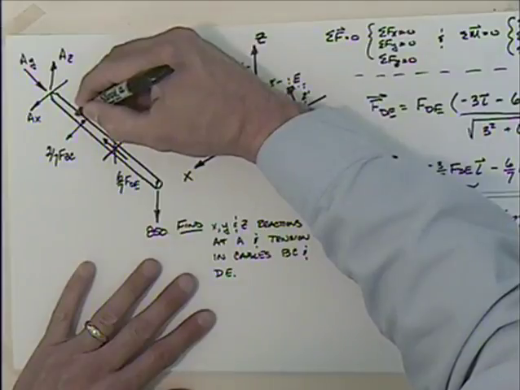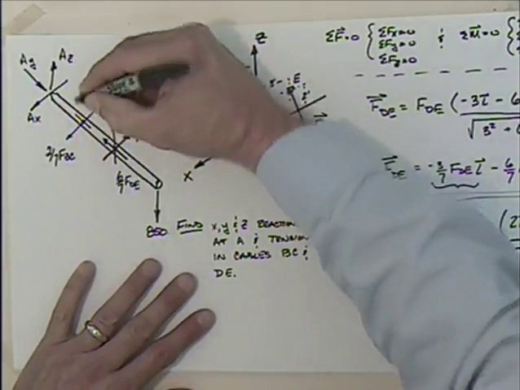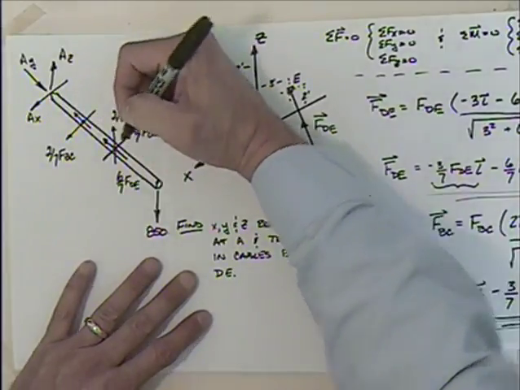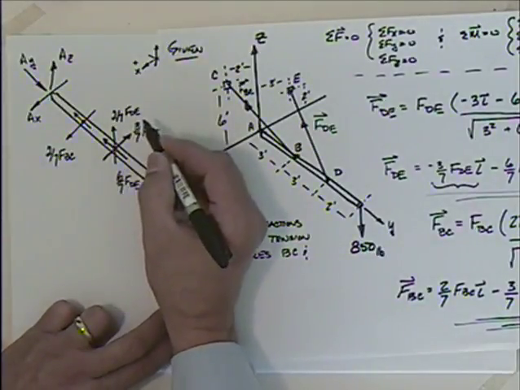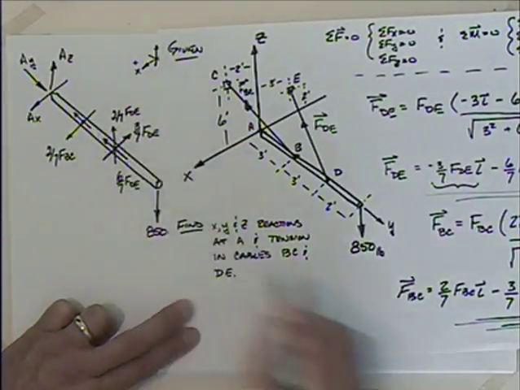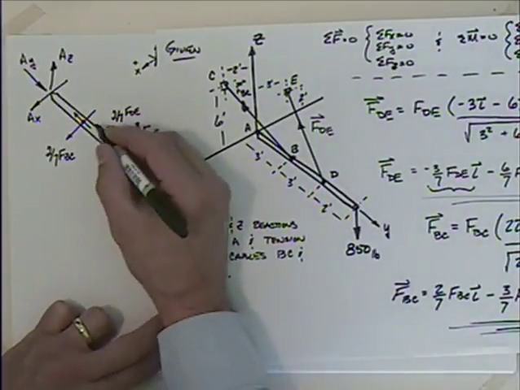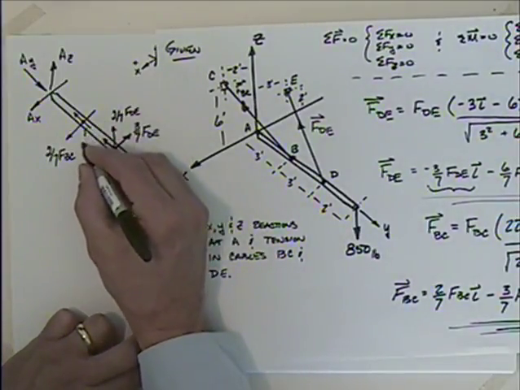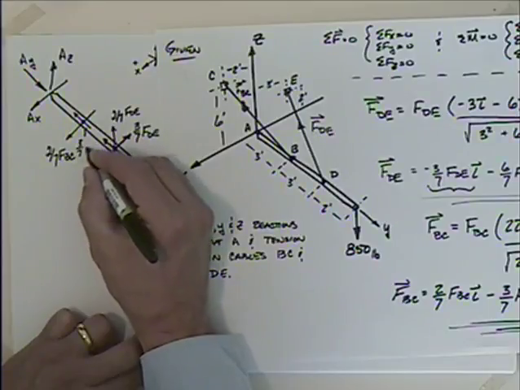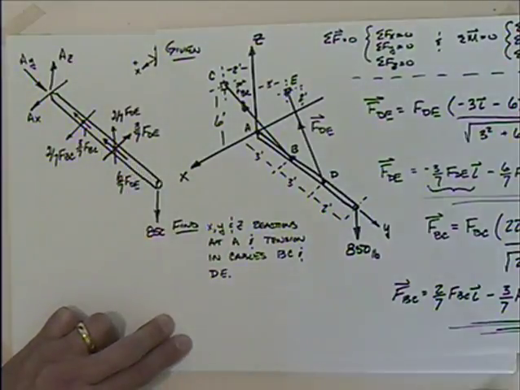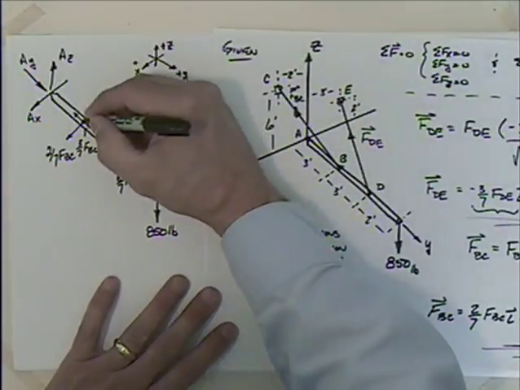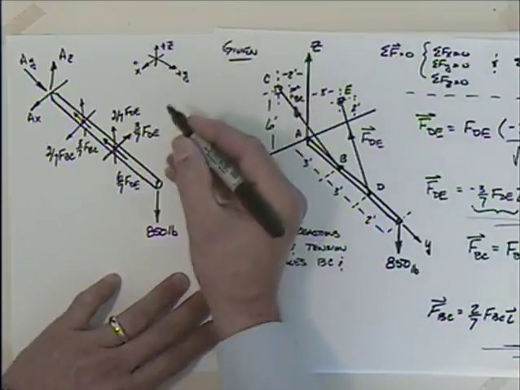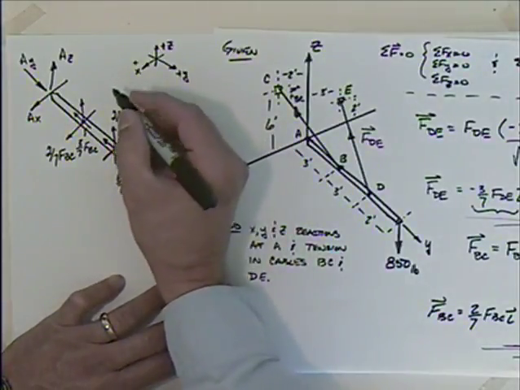So rather than drawing it out here and putting the arrowhead on that end, I'm going to put the arrowhead on this end and get rid of the negative sign. So this one is going to be 3/7 F_BC. And then this Z piece is 6/7. That's another easy one that's straight up. So we have it like this. There is 6/7.